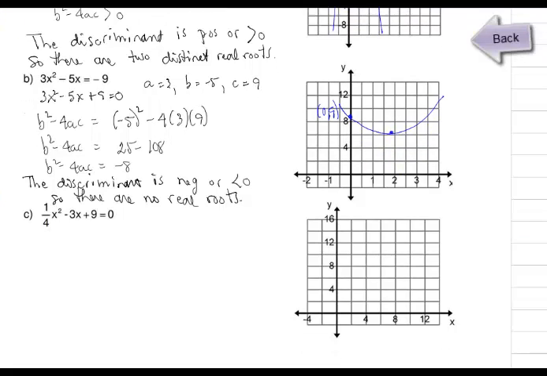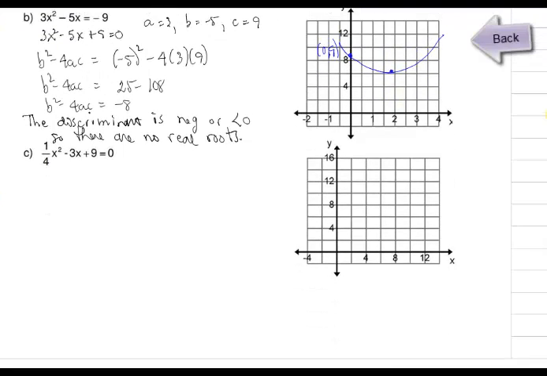Our last example, it's already written in standard form. You can see that a is a quarter. I'm going to use 0.25. b is -3, and c is 9.